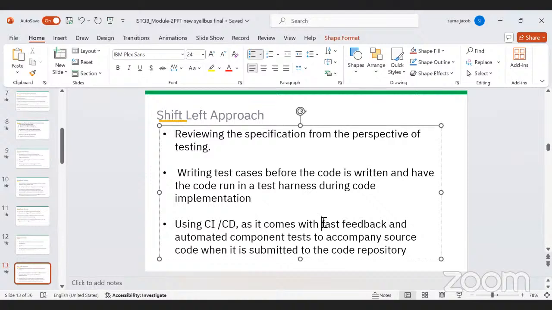If there are any issues in the new code that is pushed, the corresponding or authorized person is informed. So they get feedback at the earliest, and they can make changes at the earliest. With CI/CD, we can implement the shift left approach, that is, testing at the earliest.